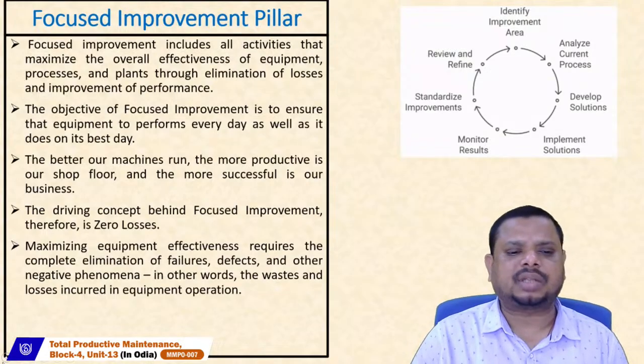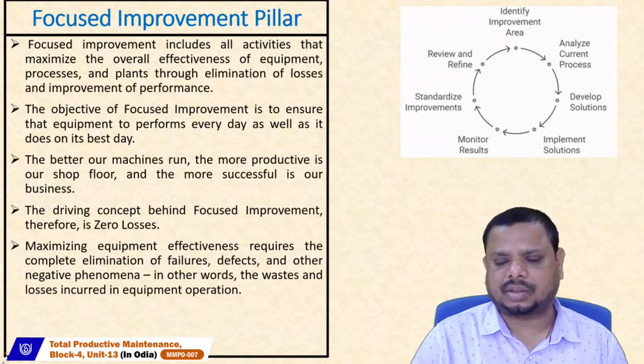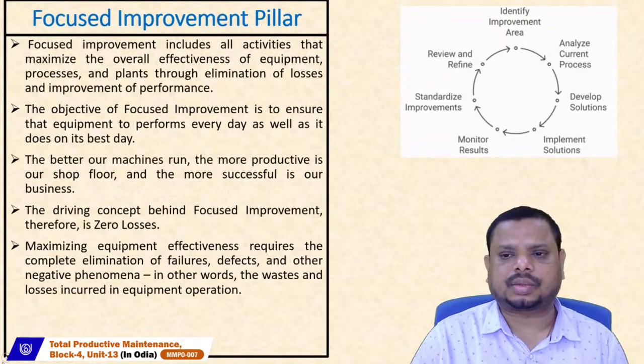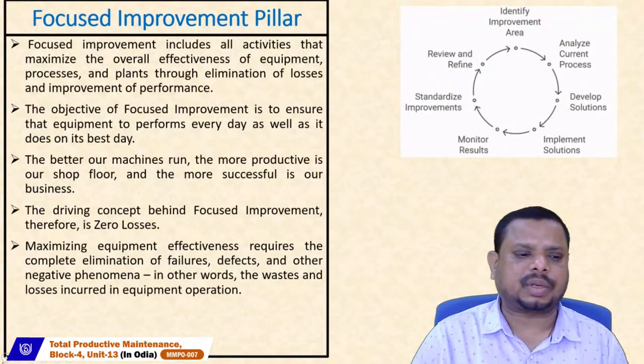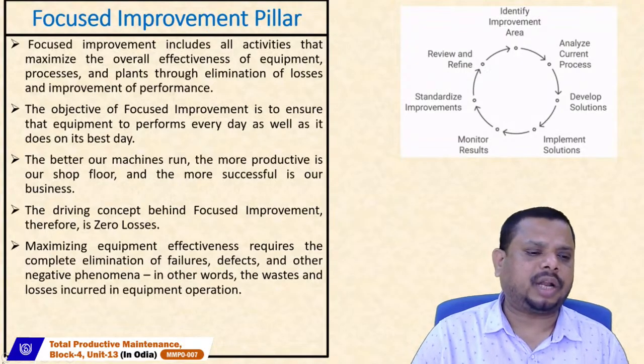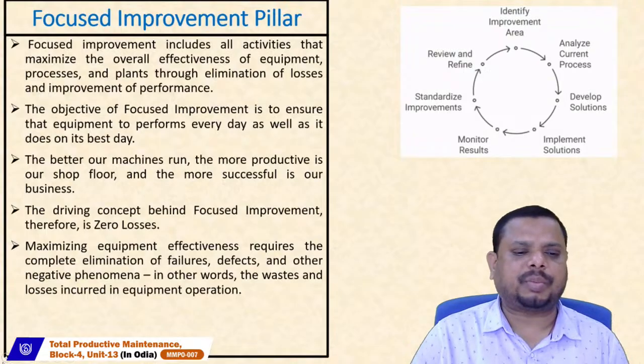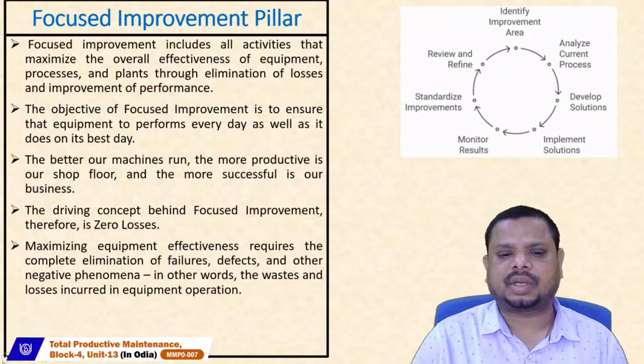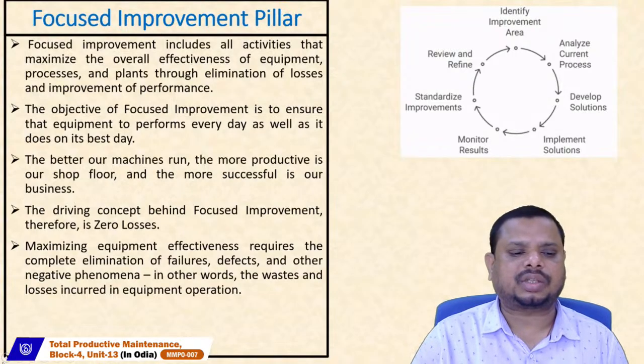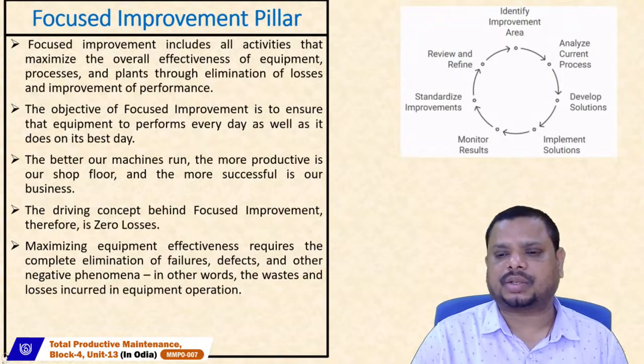And the driving concept behind focused improvement is to reduce the losses. So it reduces the losses down to zero levels. And the last important point, maximizing equipment effectiveness requires the complete elimination of failures, defects, and other negative phenomena. In other words, it should be known as waste and losses equal to equipment operations.